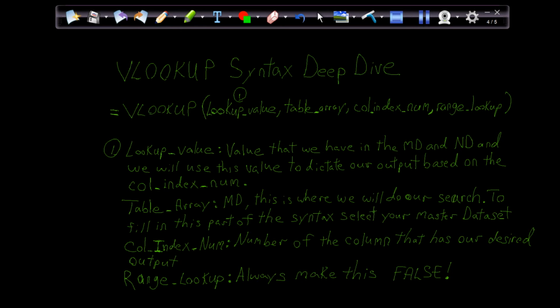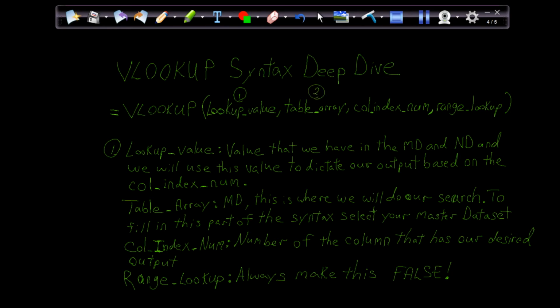So essentially, once it goes down vertically and it finds a match, that's our row. And then we're going to go over a certain number of columns that we specify, and whatever's in that cell will be what we output. Okay, and that should cover lookup value.